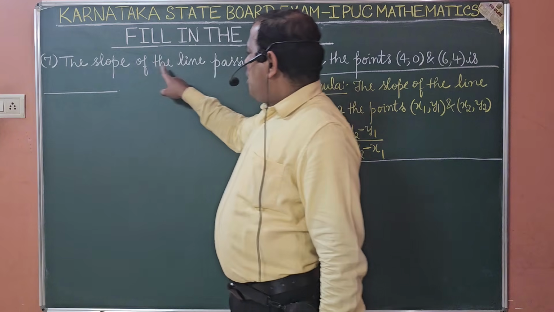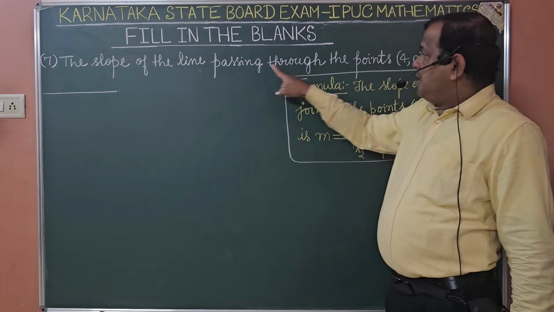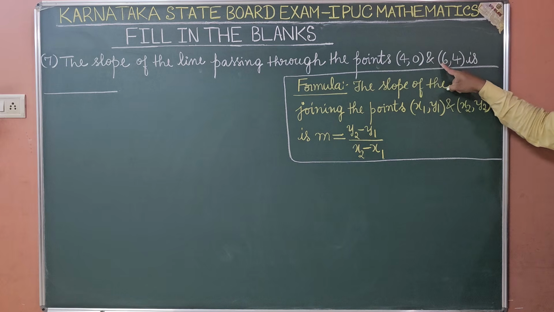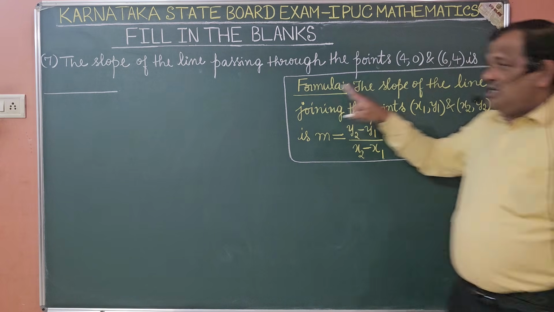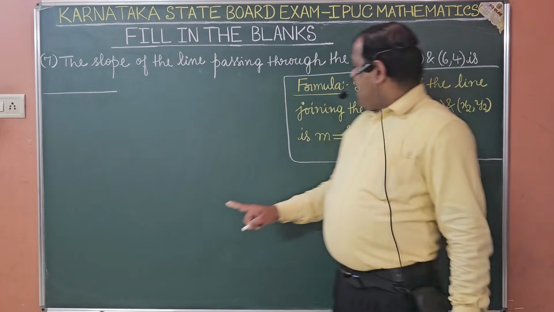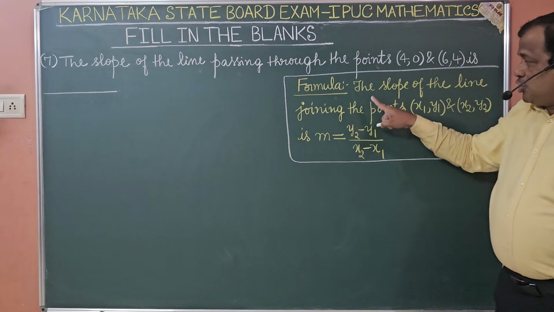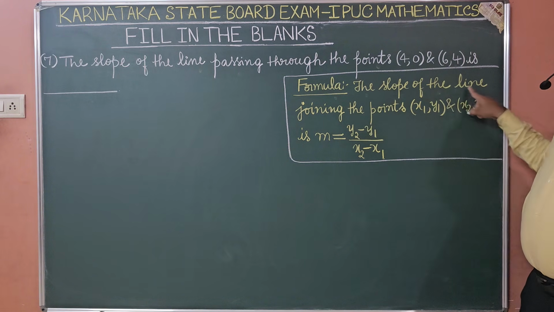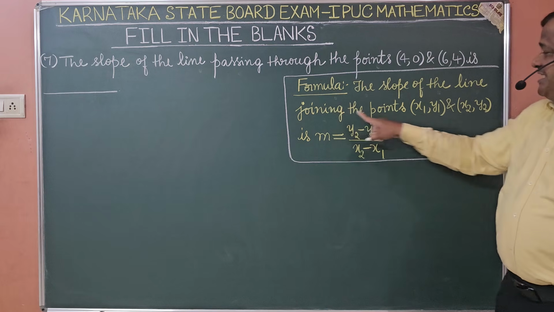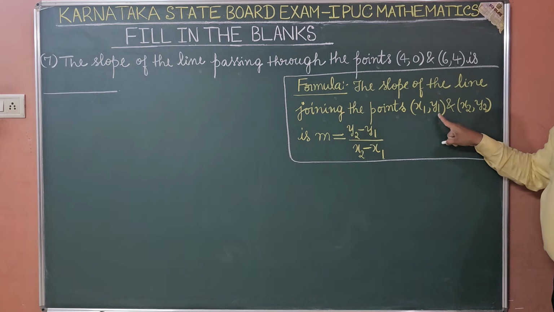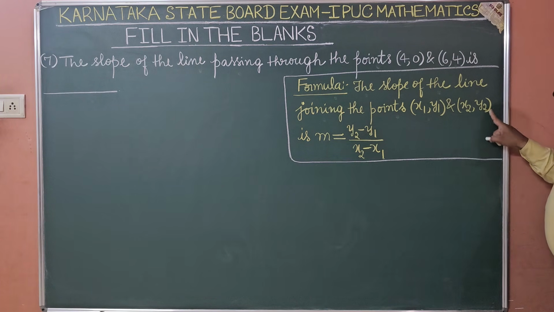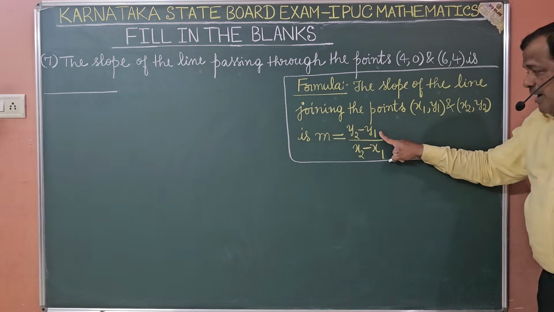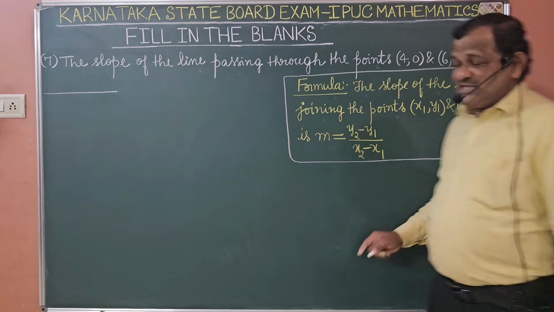The slope of the line passing through the points (4, 0) and (6, 4) is dash. So here I have written the formula. You know this formula from the Straight Lines chapter. The slope of the line passing through, or joining, the points (x1, y1) and (x2, y2) is m equal to y2 minus y1 by x2 minus x1.